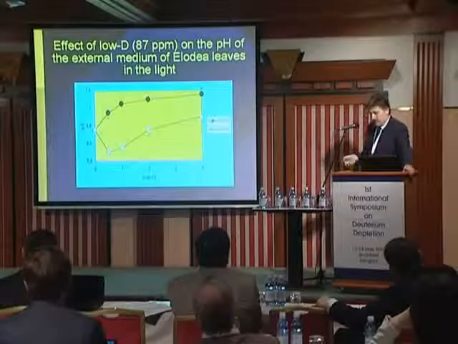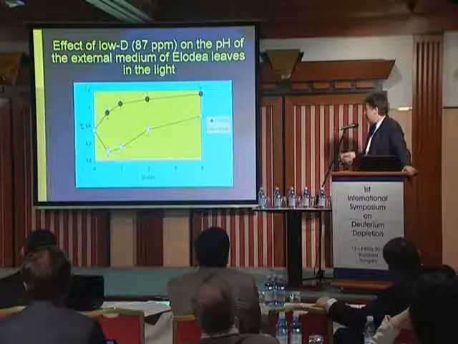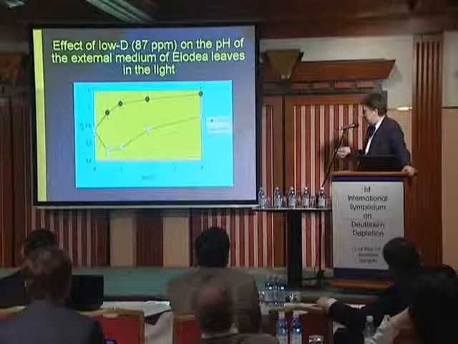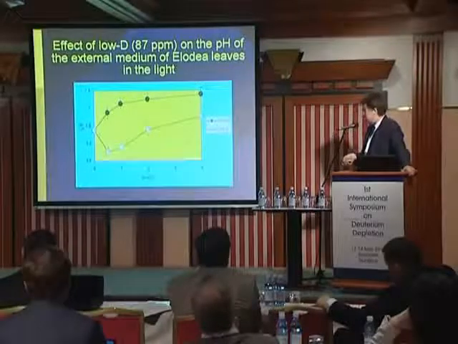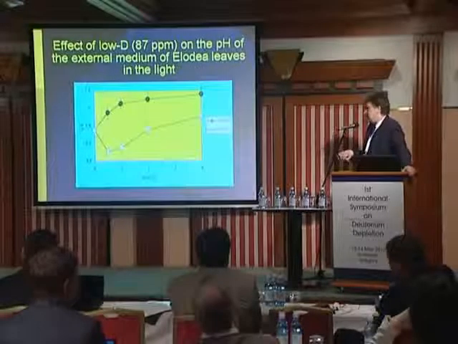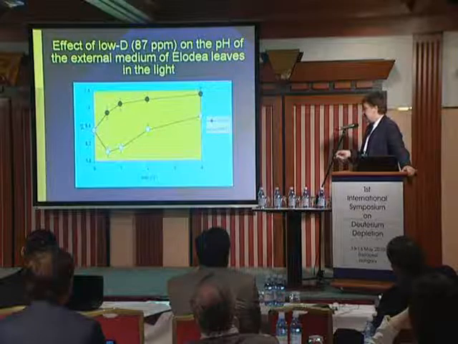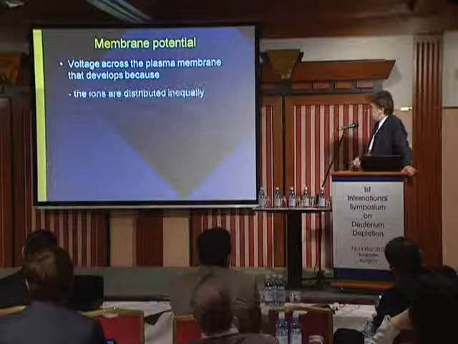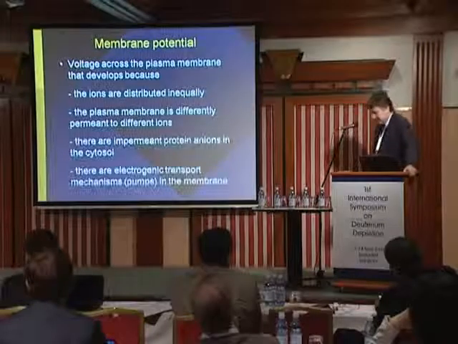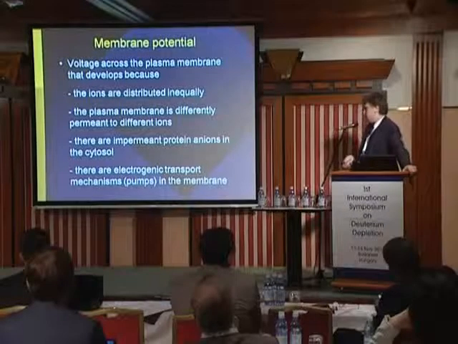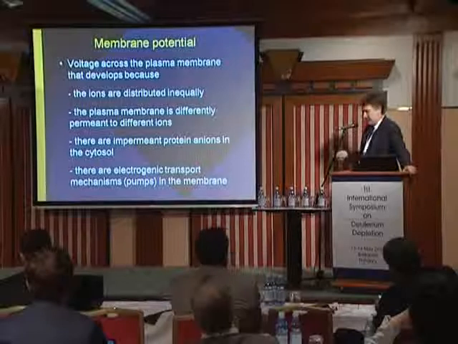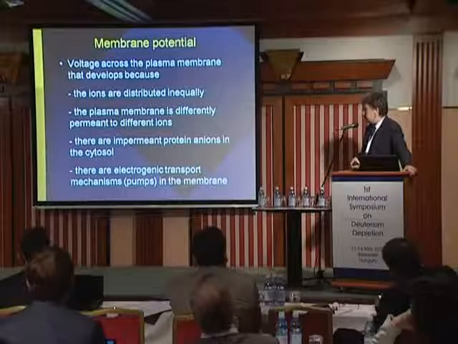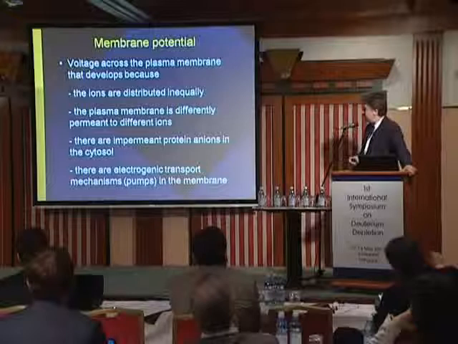So there might be something else going on, which might be an additional factor in causing this significant external acidification. And to find it out, we suggested that maybe the membrane potential could be an important factor.